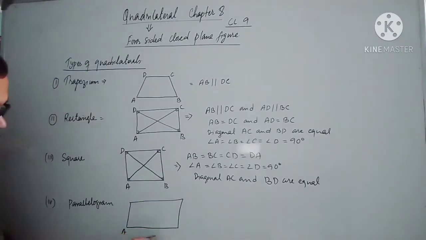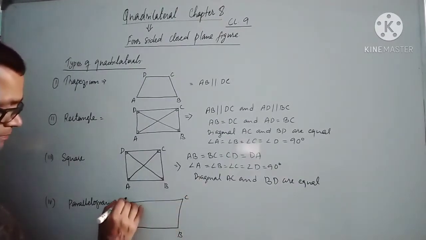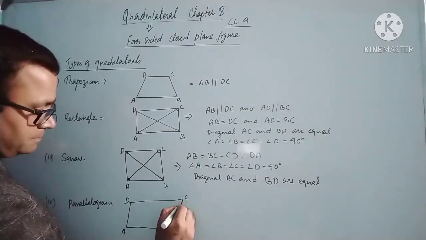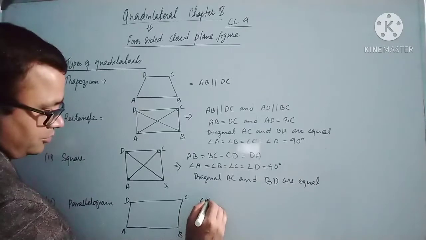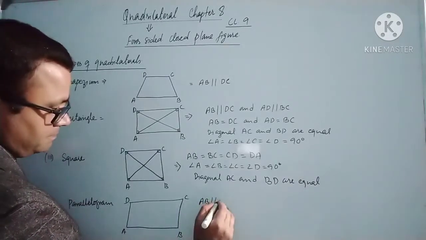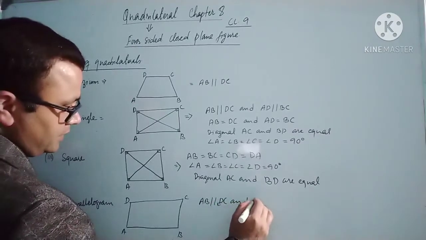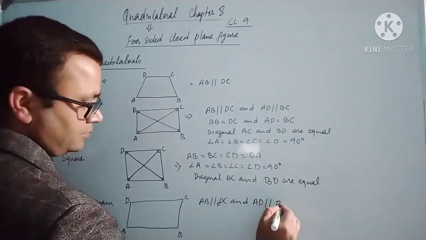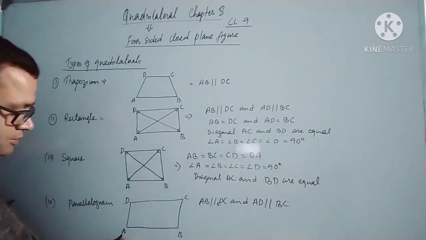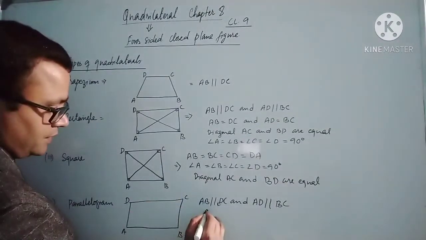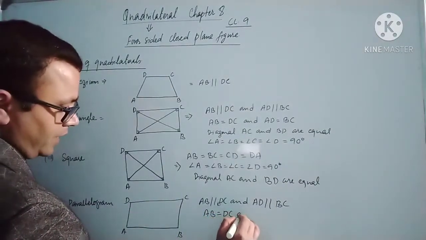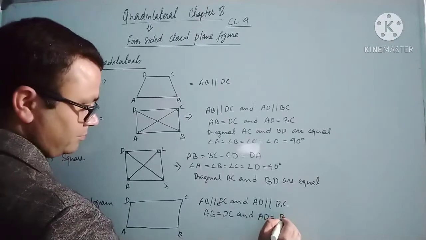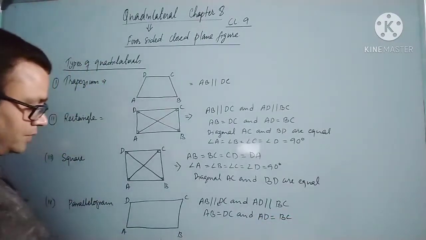This is A, B, C, D. Here AB is parallel to DC and AD is parallel to BC. The next property is AB equals DC and AD equals BC.